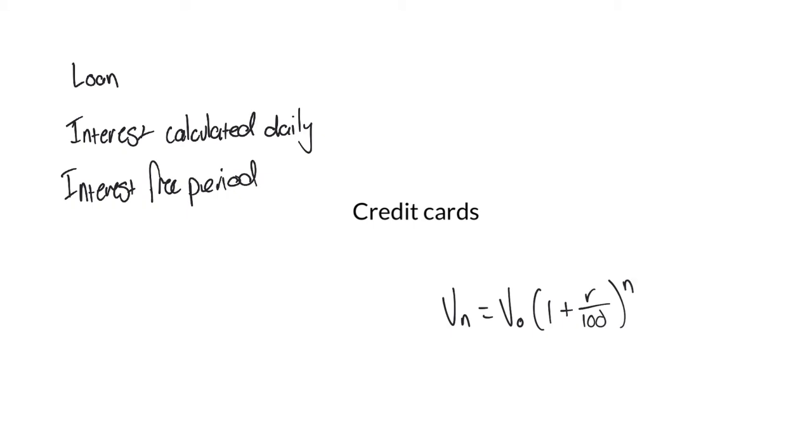Now, because interest is calculated daily, that just means that whenever we pop our interest rate in, if it's an annual interest rate, we need to make sure that we turn it into a daily interest rate. And if we're putting in N here, we just need to make sure that whatever we're putting into the N spot represents the number of days. And we'll have a practice at that in a sec.